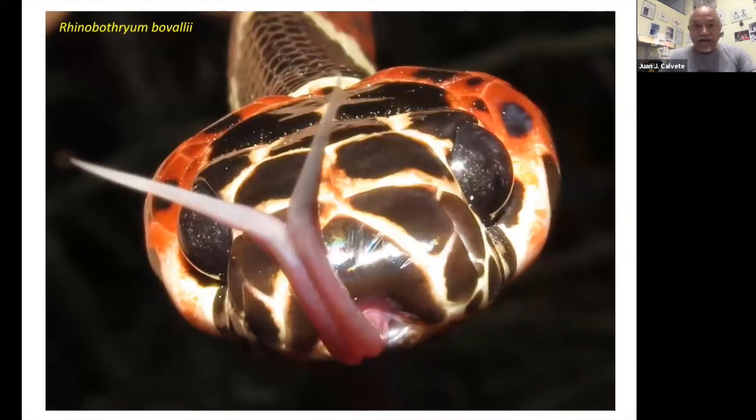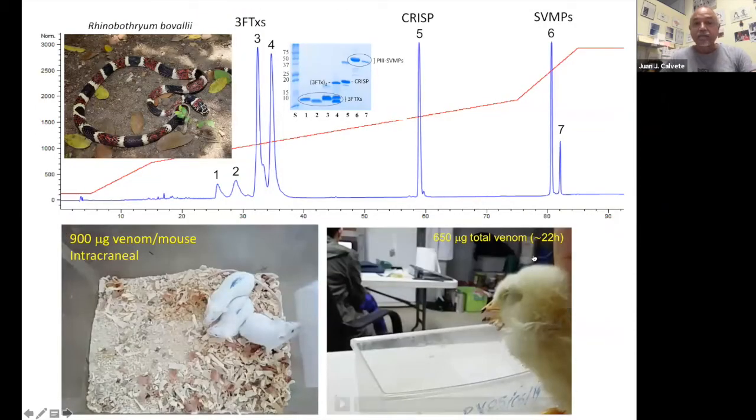And one example is this nice study that I will show on this nice Rhinobothryum bovallii species, the Costa Rican false coral snake, which has a very simple venom. You see just seven main components, and only from 3 different toxin families.